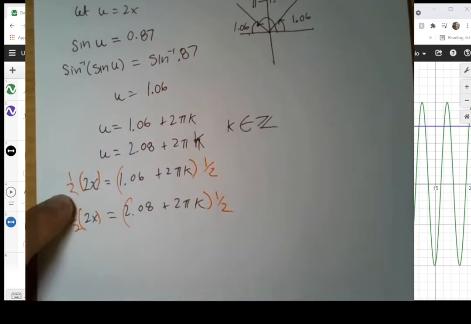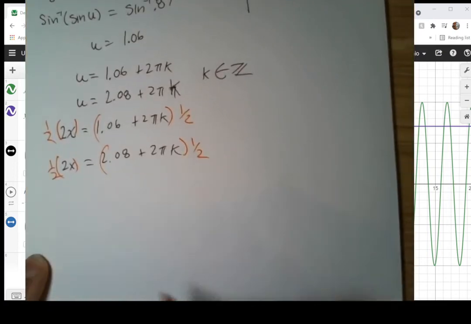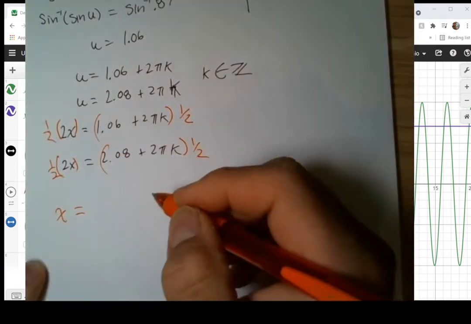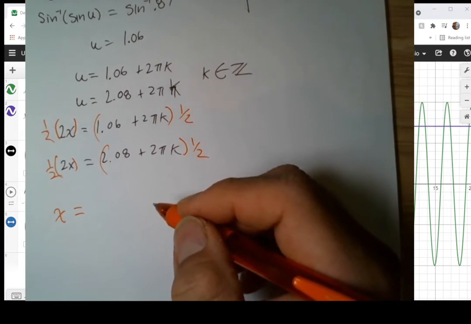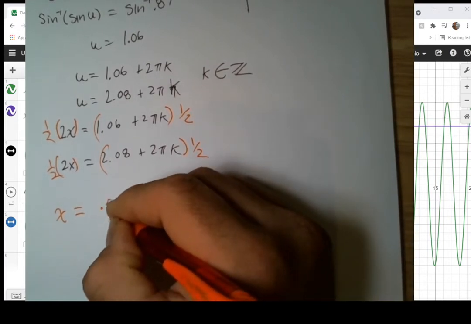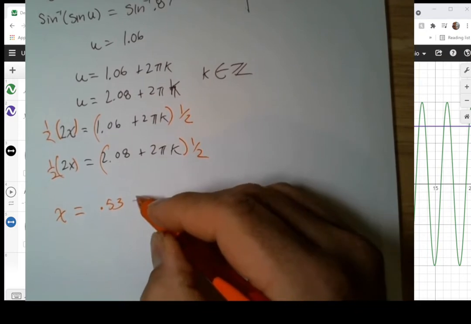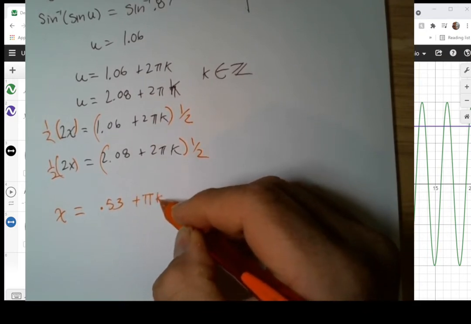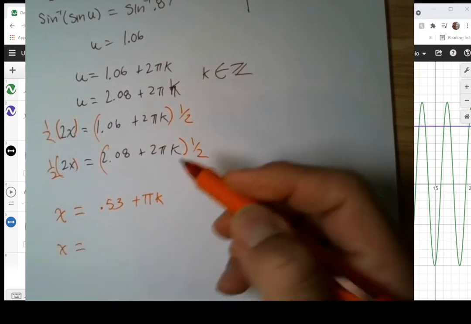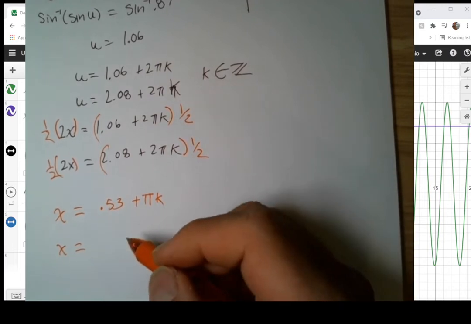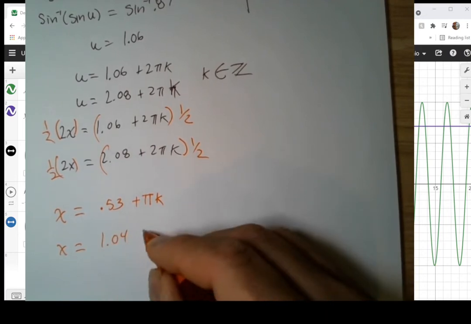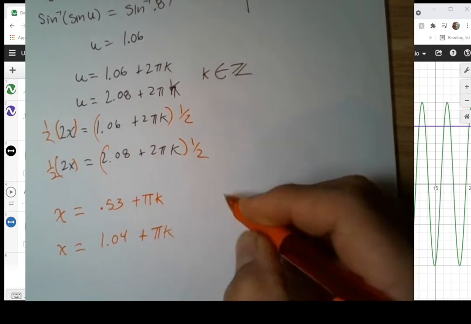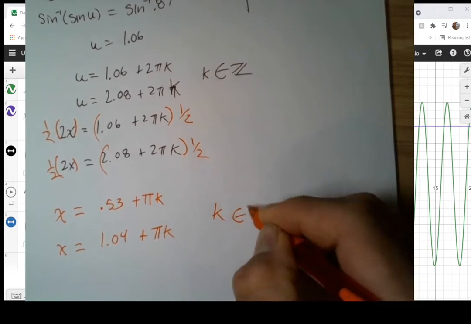Okay, so over here we'll get x equals 1.06 divided by 2, which is 0.53, plus pi k. And x equals 1.04, when you divide 2.08 by 2, plus pi k, where again k is any integer.